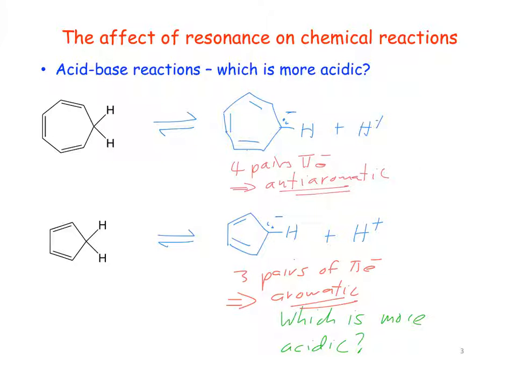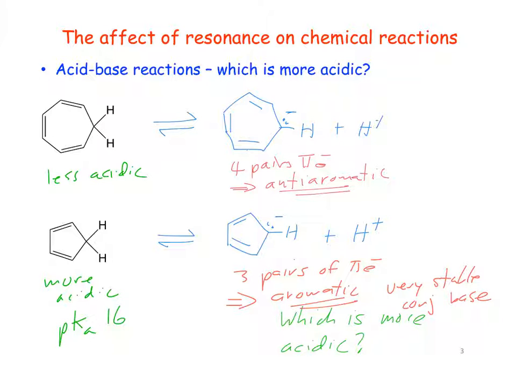So that means that conjugate base is very stable. All right, so what does that mean about acidity? It means that this one should be more acidic, and this one less acidic. And in fact, this bottom one is so acidic, the pKa of this is actually 16.